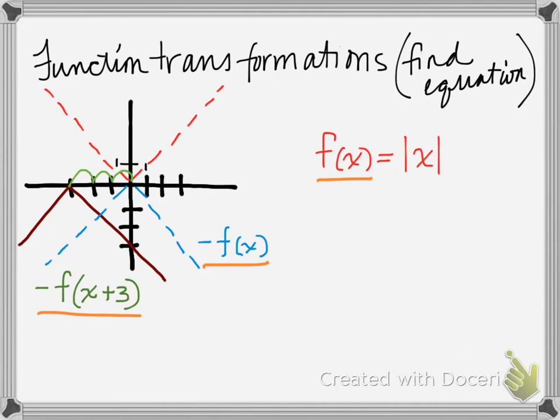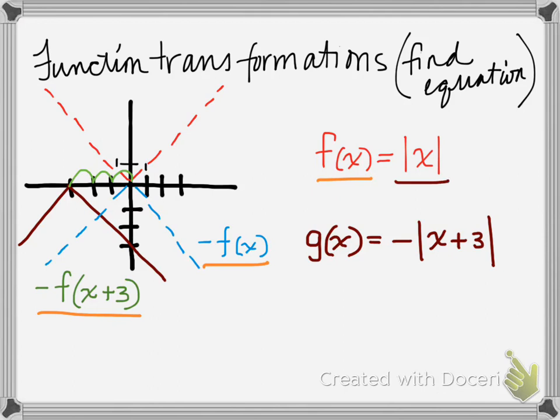And I won't call it f of x, because f of x is already taken, right? F of x, I've already said, is the absolute value of x. So I'm going to give it a new name. I'm going to say that my final function is g of x, and that is going to be the opposite of the absolute value of x plus 3. And you can see where everything came from.